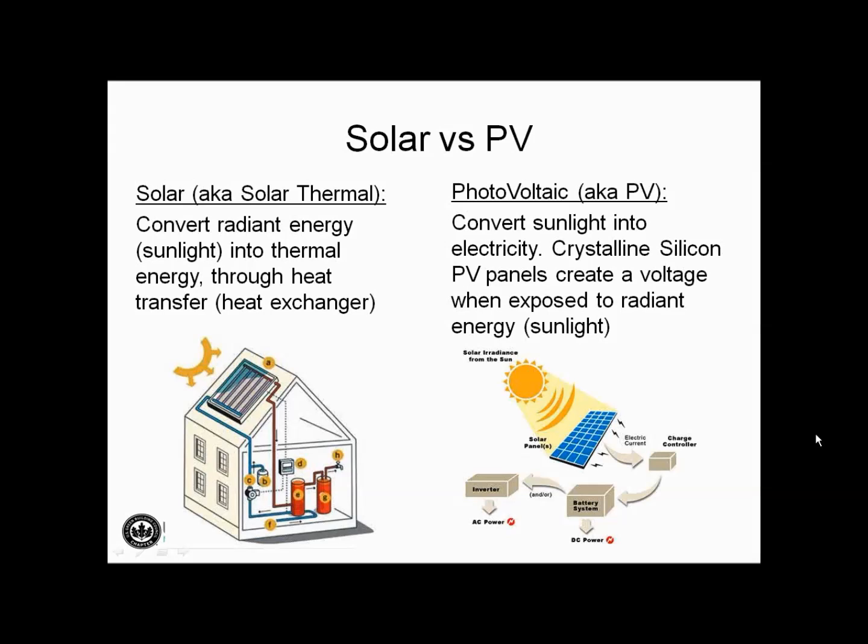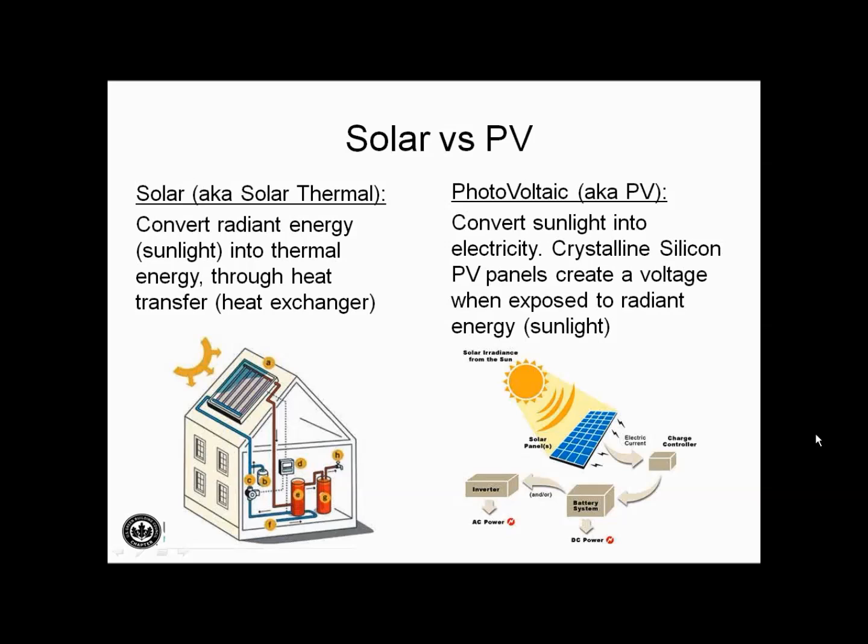People interchangeably use the word solar when a lot of times what they mean is PV. So there really is a difference between solar thermal and photovoltaic. Solar thermal is using the radiant energy of the sun to heat a liquid, usually water of some type, and then use that as heat transfer somewhere in the building, either for hot water heating or to heat your pool, or could be space heating through a heat exchanger.